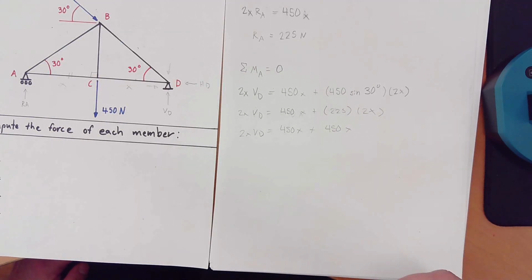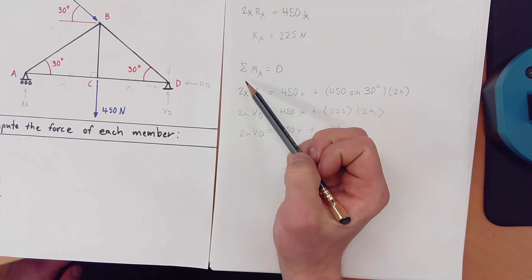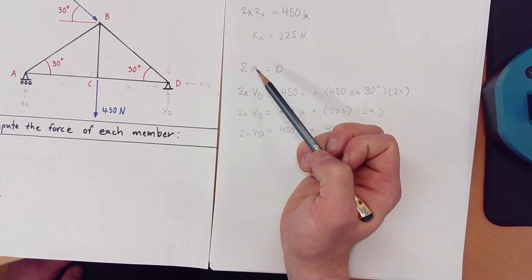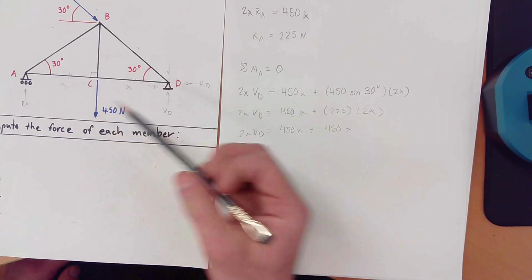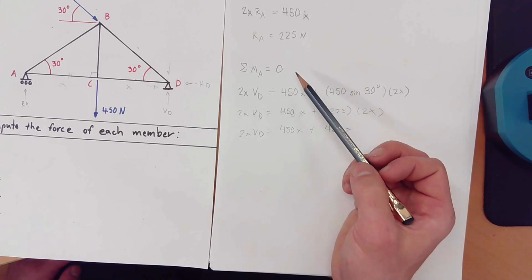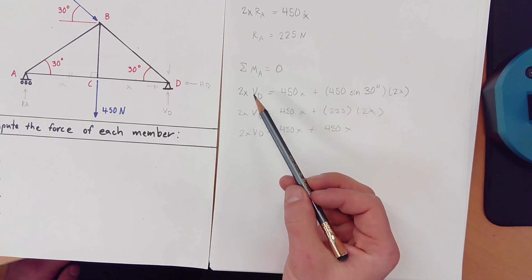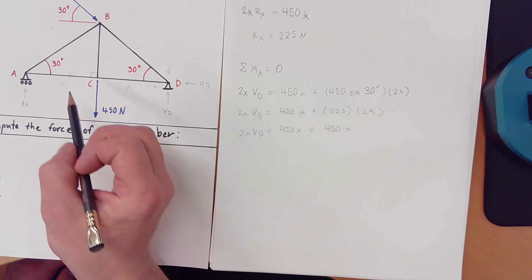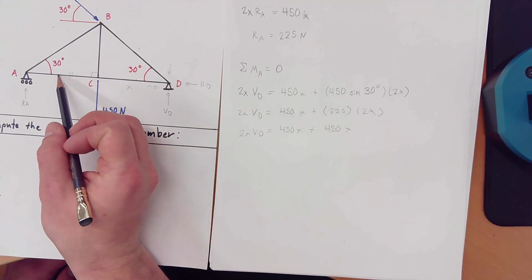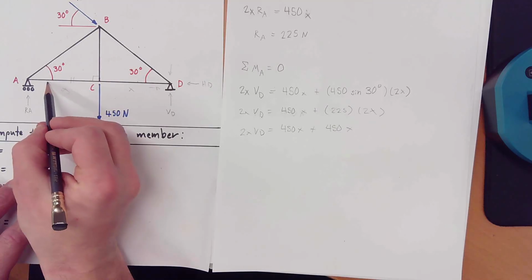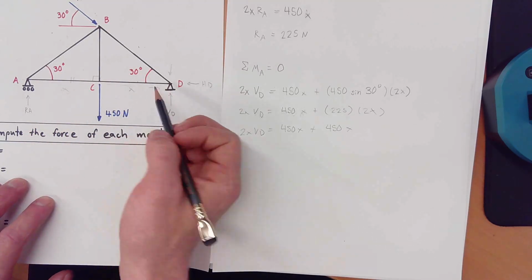Okay, if we continue on along here, we got to the fact that the sum of the moments around point A needs to equal 0. I've just made the lengths of each of these lines x.